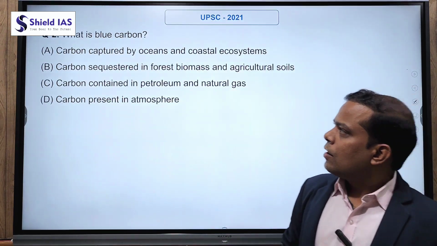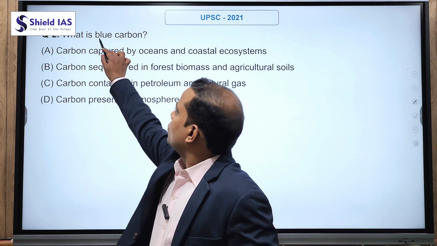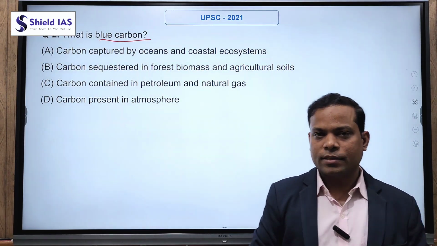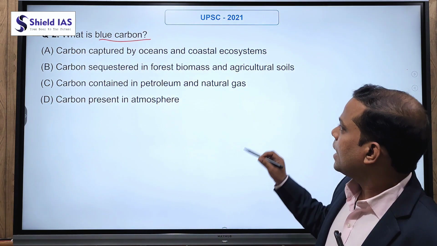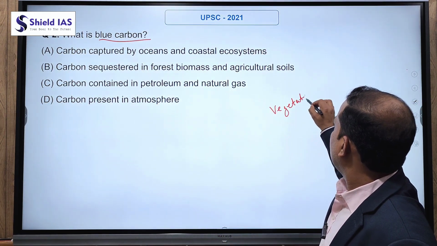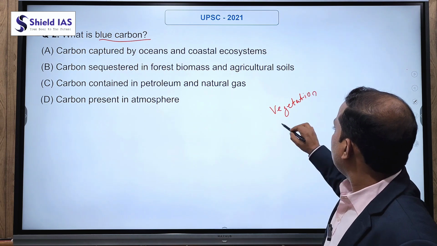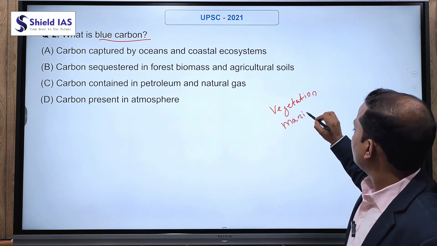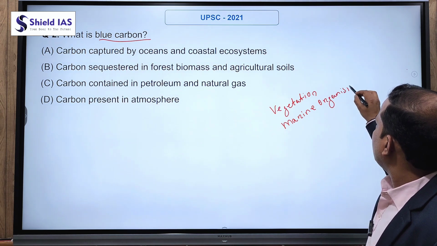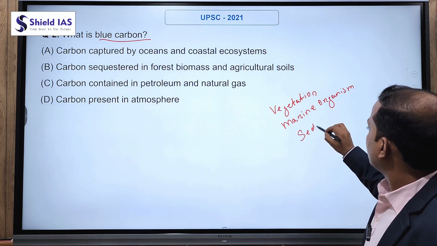The next question says: what is blue carbon? Blue carbon is related to the coastal, aquatic and marine carbon sink, and it is held by vegetation, also held by marine organisms, and also held by sediments.